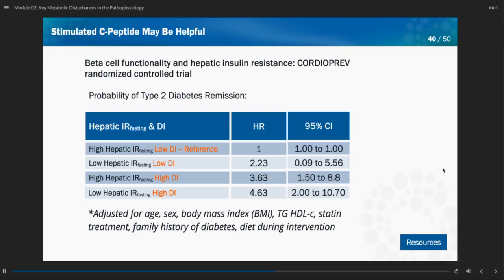When there is high hepatic insulin resistance and a high pancreatic output, there's an even better chance that people will go into remission. But the very best category is low insulin resistance and a high pancreatic output. This is consistent with the hypothesis Roy Taylor put forth, as we have discussed earlier.